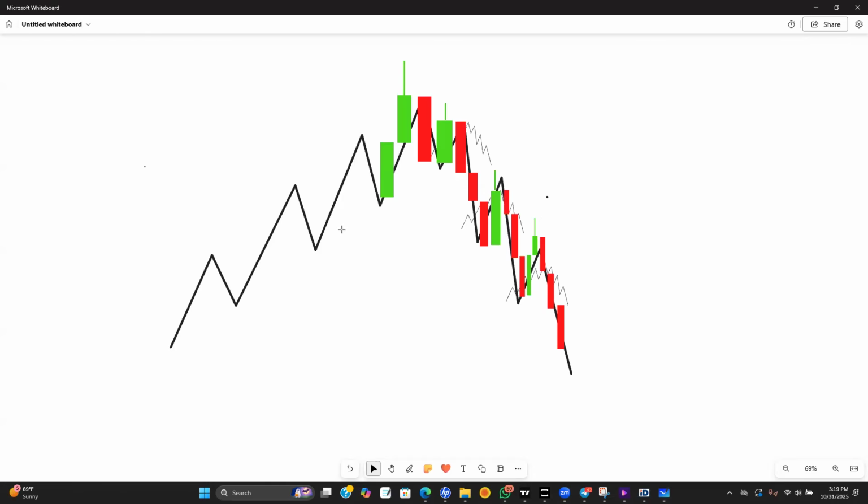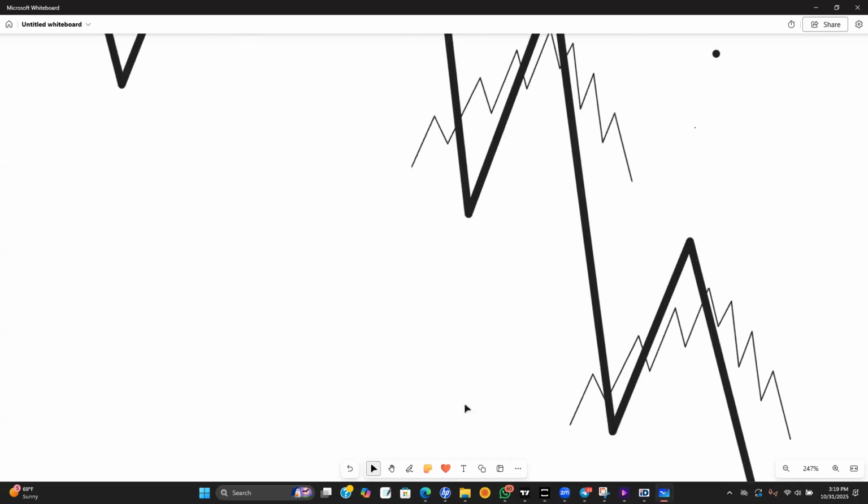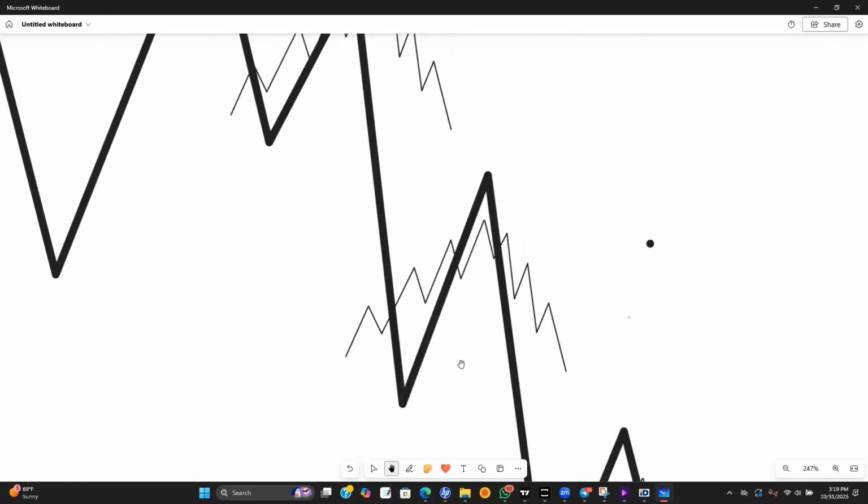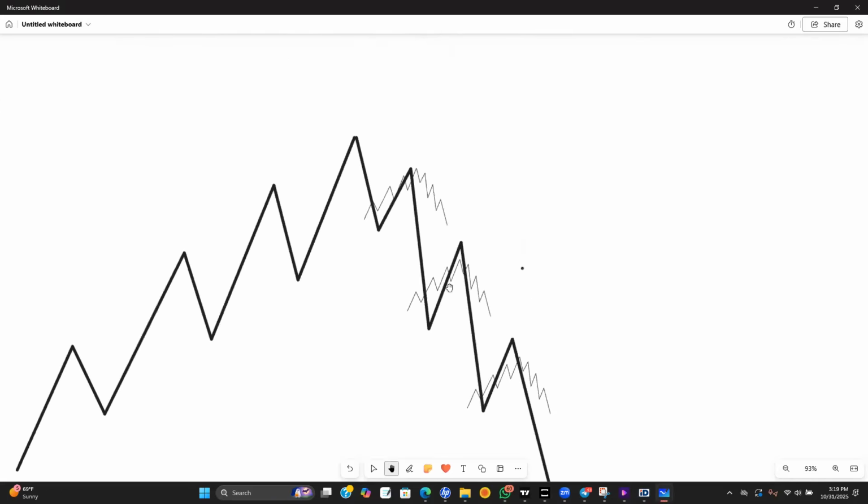Now, in the lower time frame, we would be looking at more intricate details of price action. So in the lower time frame, we'd be zoomed in to here, and we'd be seeing those same things take place. But here's what's more important.